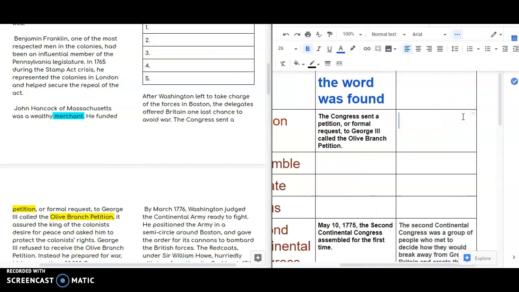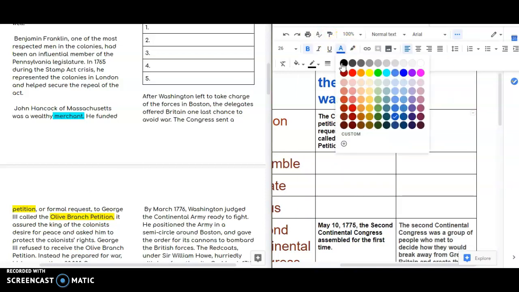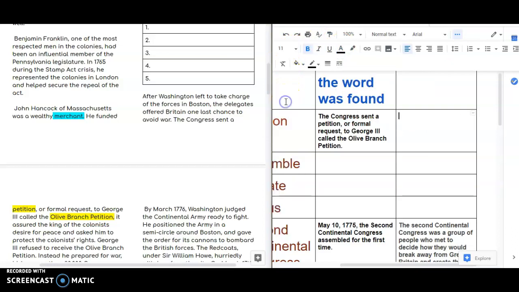So if I had to take a guess as to what this word meant, I would say it was a request, or a letter that tells the government what you want.